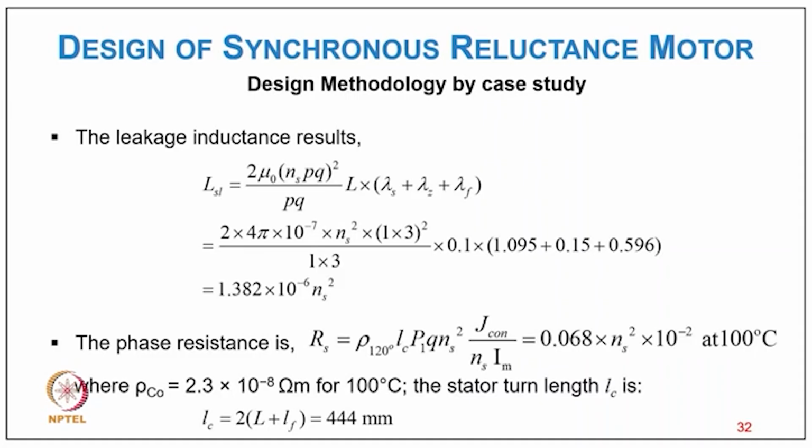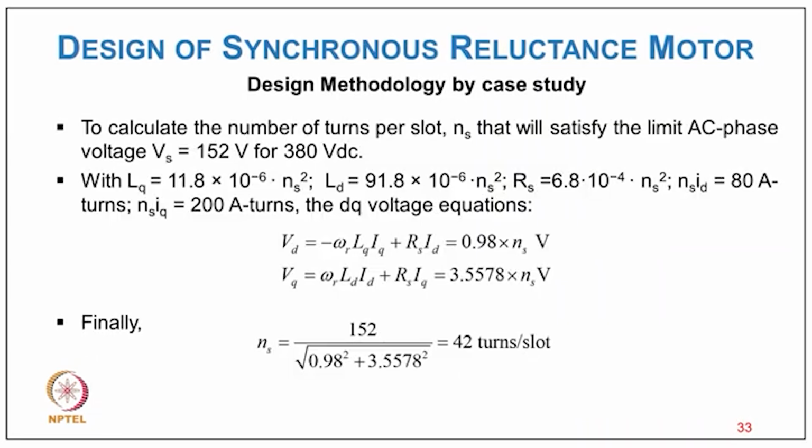So the phase resistance RS equal to rho Co LC p1 q NSC square J con upon NSIS, and that is equal to 0.068 NSC square 10 to power minus 2 at 100 degree, with the rho Co equal to 0.3 10 to power minus 8 ohm meter at 100 degree Celsius, and end length LC equal to 2 in L plus LF equal to 4 millimeter. Now to calculate the number of turns per slot that satisfy the limits of AC phase voltage Vs equal to 152 volt for 380 volt VDC.